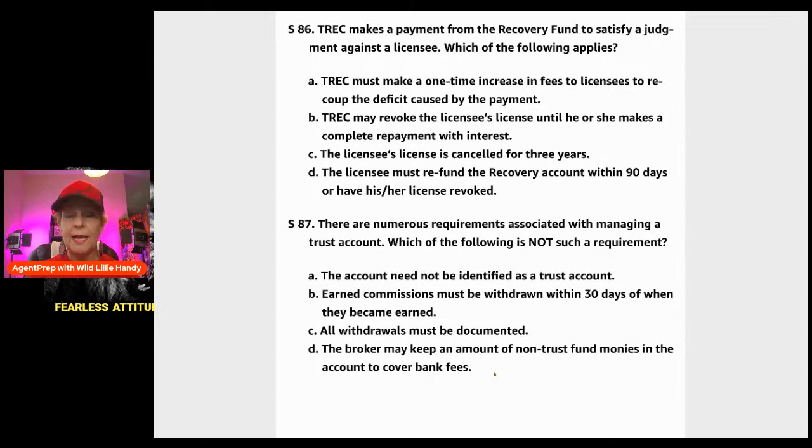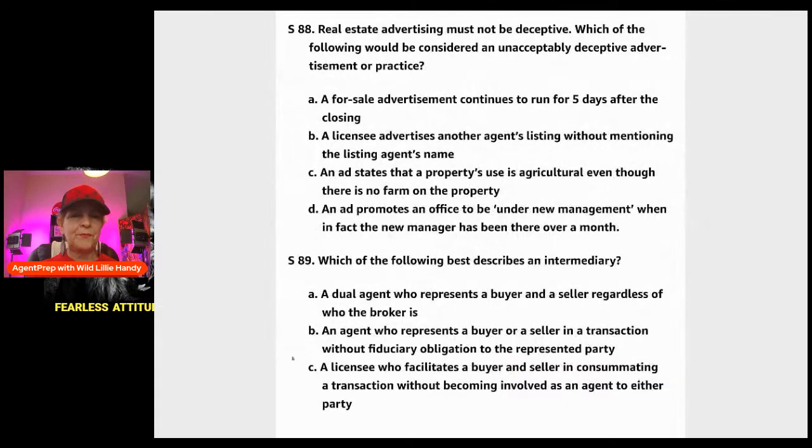And if it goes below that, if there's not a lot of business going on, there may be an $8 or $10 monthly service fee, right? And that service fee is for the broker, not for the client. So correction on that.